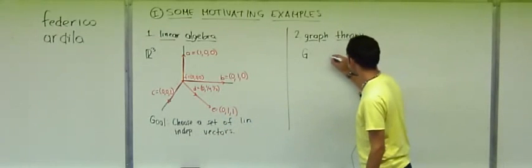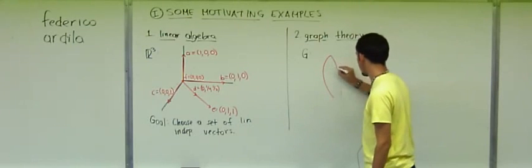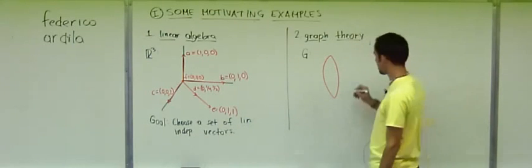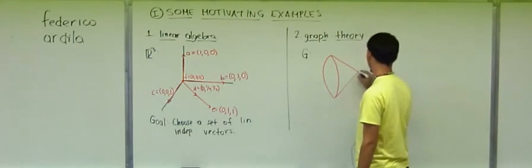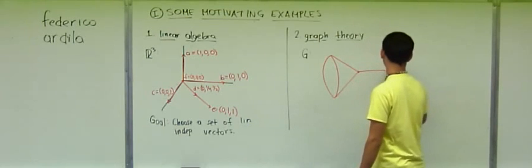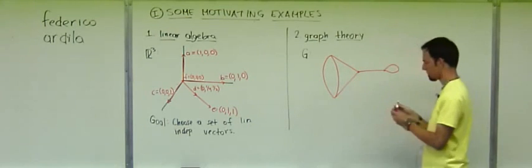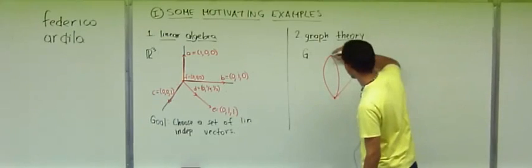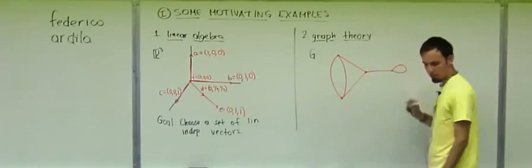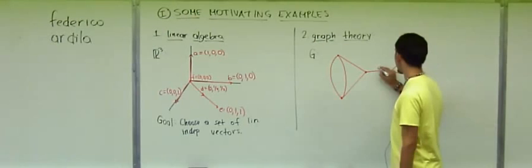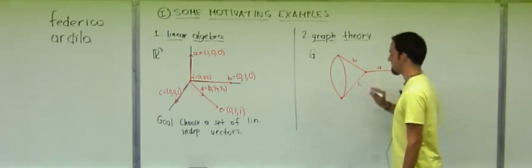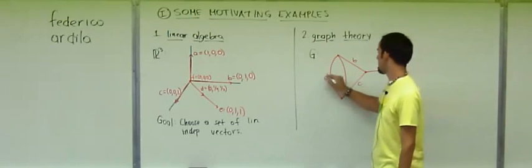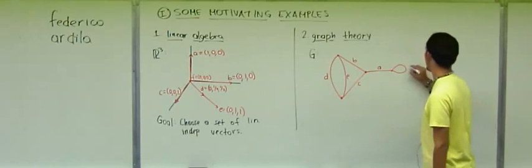So let's say that the graph looks like this. Okay, so my graph has 4 vertices. Here they are. It has 6 edges, which I'm going to label A, B, C, D, E, and F.